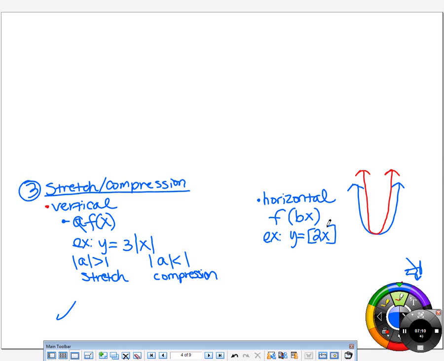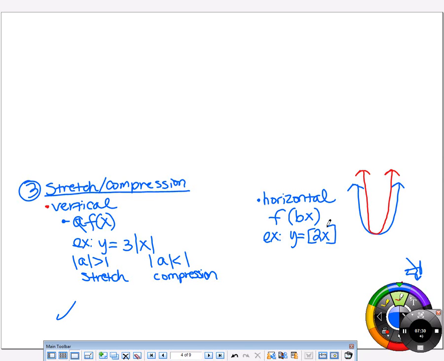But everything in the horizontal world is kind of weird. Like remember if it said x plus 3 inside of here, we didn't go to the right 3, we actually went to the left 3. So it has another weird thing when we look at stretches and compressions. It's kind of the opposite of what we would think.